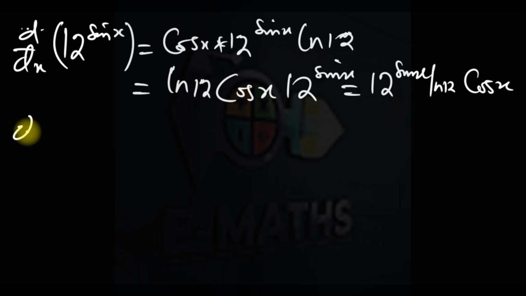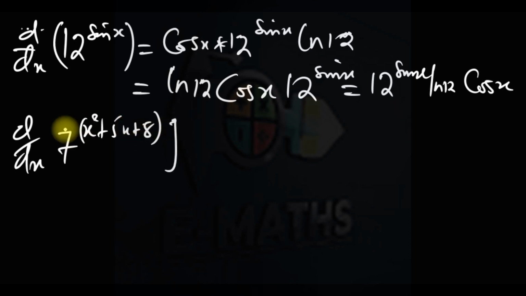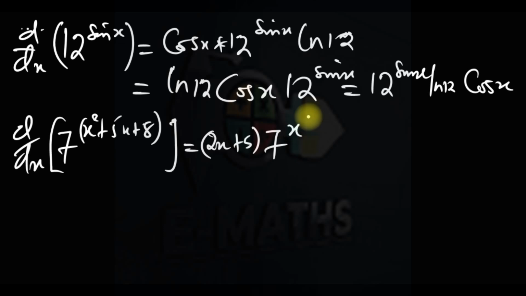Or maybe if you're asked to find the derivative of 7 raised to the power x squared plus 5x plus 8, what's the derivative of the exponent? 2x plus 5, times 7 raised to the power x squared plus 5x plus 8, times ln 7.